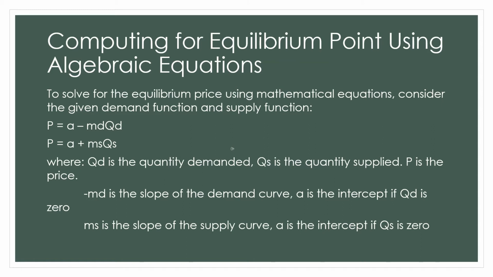And for the supply function, it's P equals A plus MS QS. A is the intercept if the quantity supplied is 0, MS is the slope of supply, and the QS will be the equilibrium quantity supplied.